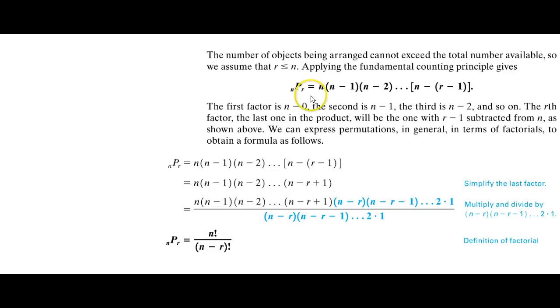The text goes on to show how the formula will be derived, and we keep in mind that R, the number of things you're doing, has to be less than or equal to the total number of items you're dealing with in a set. That is the N.